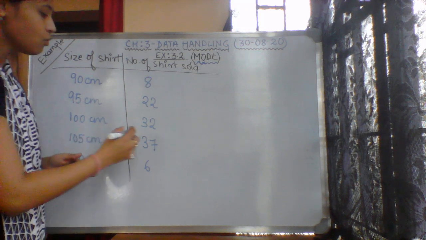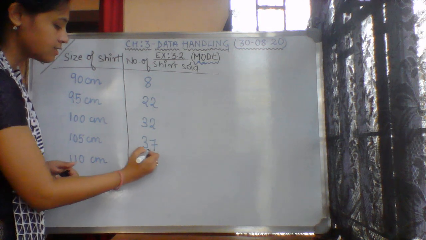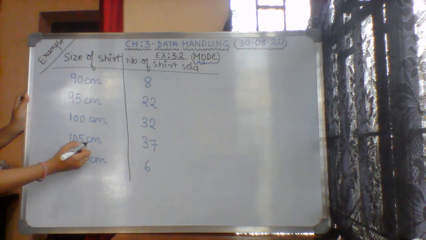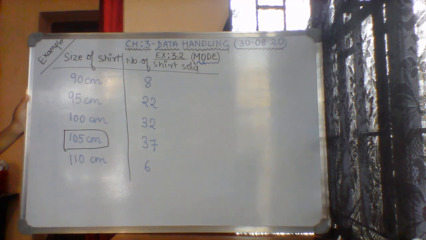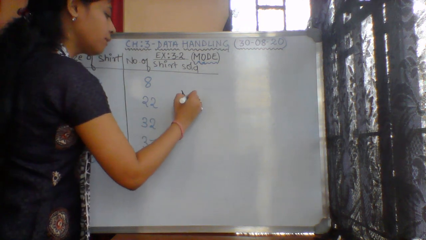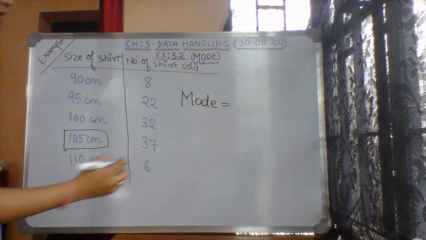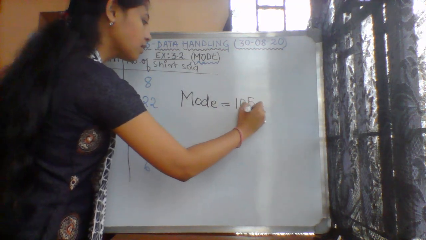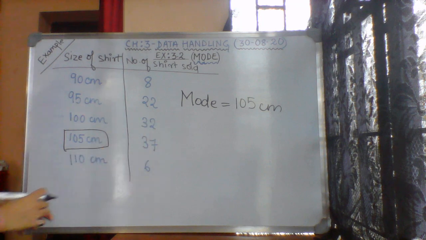Here you can see which has the highest frequency. This one, 37. So which size of shirt is being sold most often? 105 centimeter size shirt. So our mode will be 105 centimeter. Why? Because it has the highest frequency.